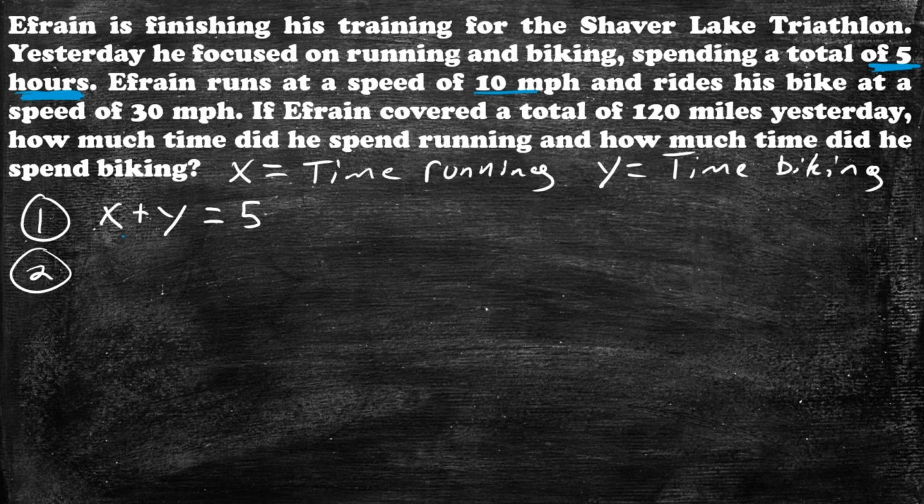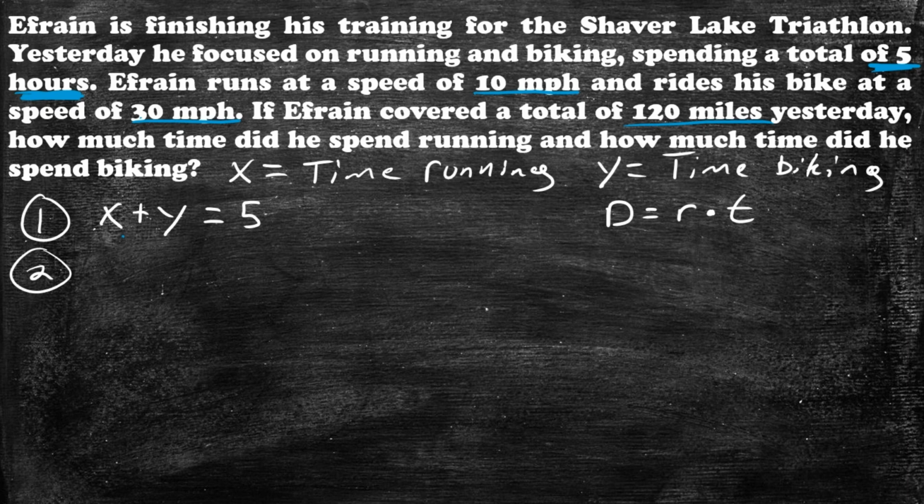All right. So now to find our second equation, let's see what else they give us. So 10 miles per hour, and we have 30 miles per hour, and we have 120 miles. Okay, so whenever we're given distances and rates and times, there is a formula: distance is equal to rate times time. So distance in this case is our 120 miles, the length pretty much. The rate is the miles per hour, and the t is the time that it takes, which is the variables that we have.